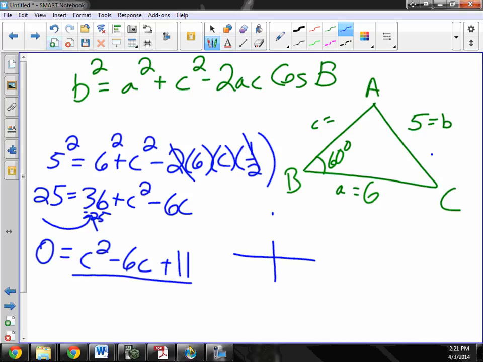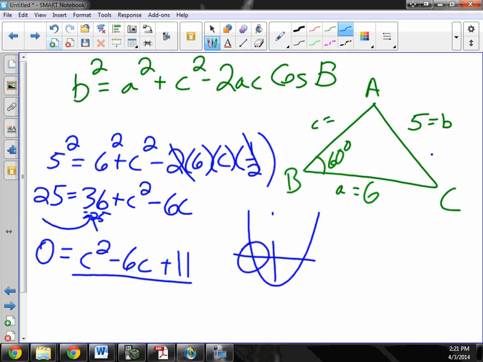That's not enough. Hitting the x-axis twice is not going to be enough. So if it intersects like that, what do you know? There's one solution. How come? Because can little c be a negative number? No. So that would mean one solution.